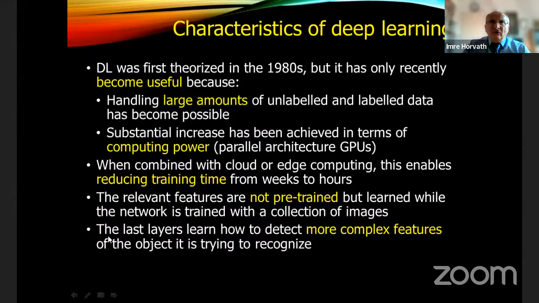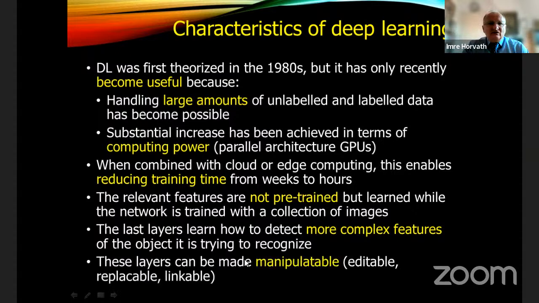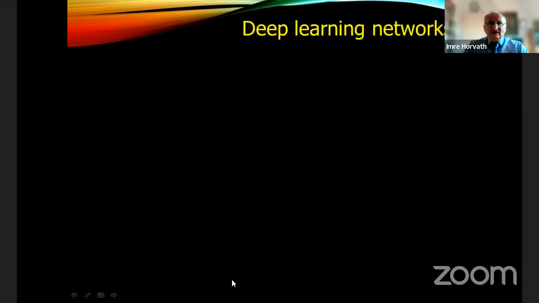So if we go back to what the deep learning architectures are doing, actually the last layers learn how to detect more complex features of the object it is trying to recognize. And these layers can be made manipulatable, editable, replaceable, linkable. This is actually what is important here to remark, that the transfer learning principle can also be used for deep learning technology.